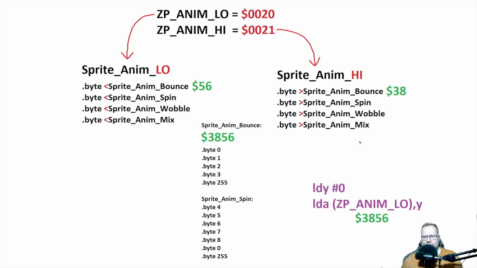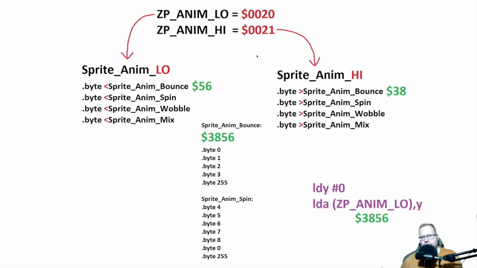So when we're using this zero page indexing thing, we always need two zero page addresses, but we need to use the first one of those two. That's the one we need to write here in parentheses. Now we don't have to worry too much about why, because this is just the way it works.